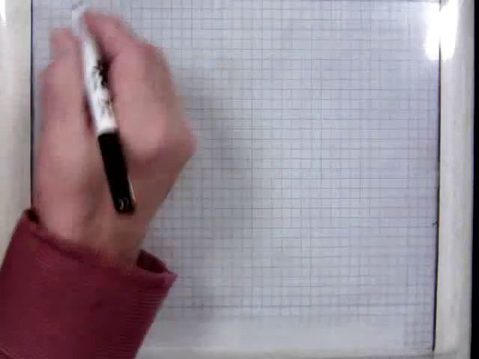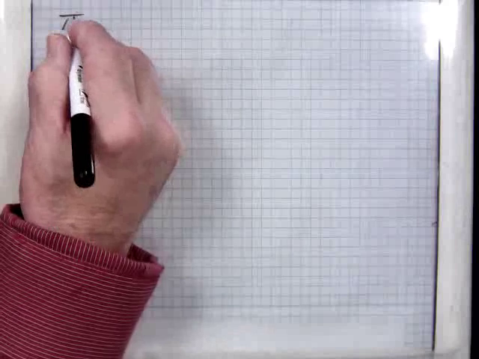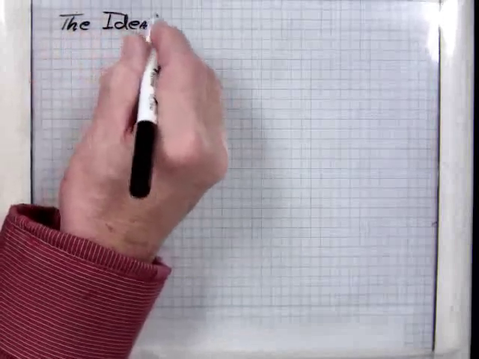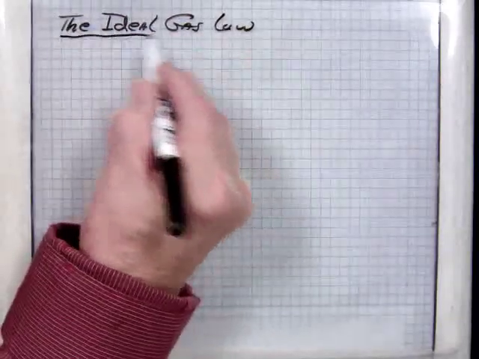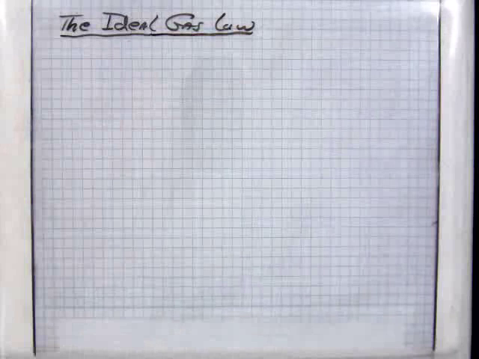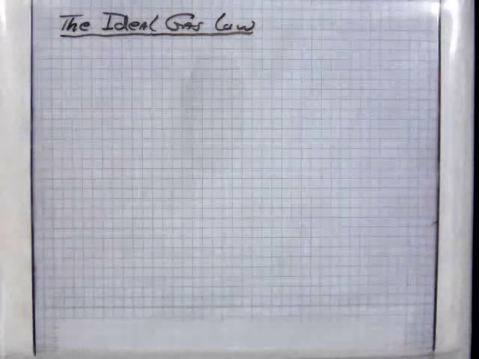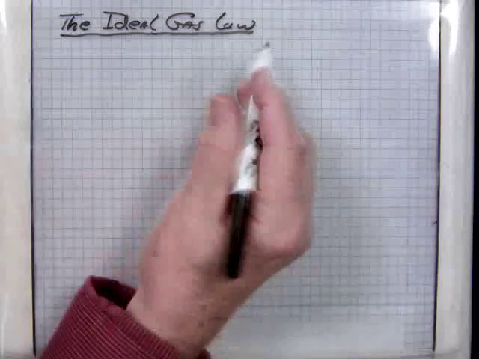The next section is referred to as the ideal gas law. You probably recognize this as PV equals nRT. The ideal gas law comes from the combined gas law, where you're changing a reaction from standard to non-standard conditions.